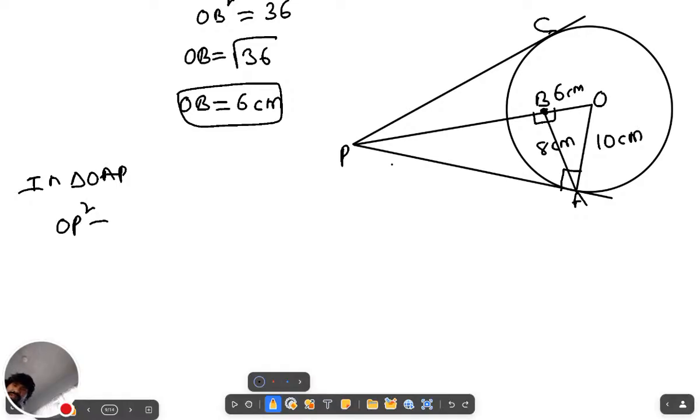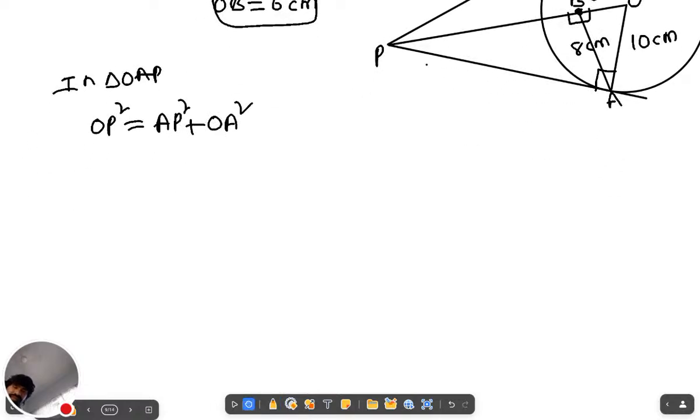OP square is equal to AP square plus OA square. OP we don't know, AP also we don't know, and OA we know it.